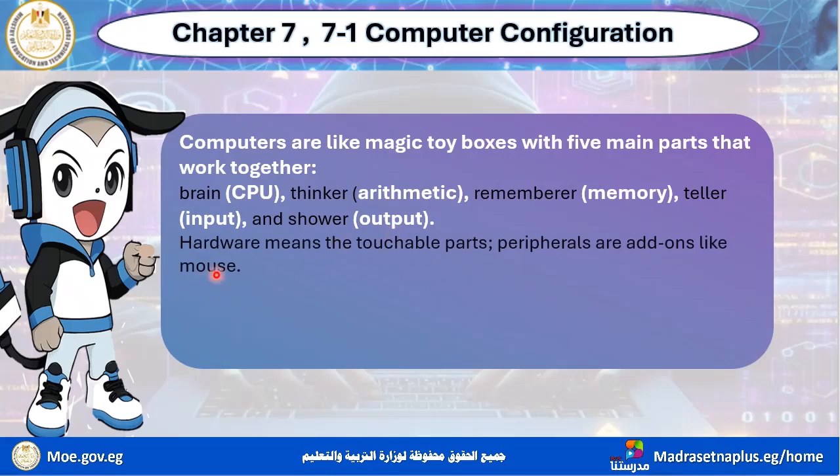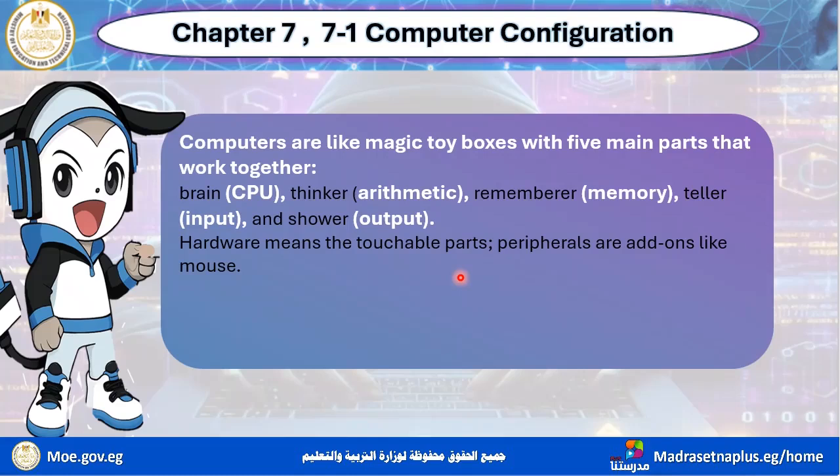Well, the hardware means the touchable parts, okay? Peripherals or add-ons, like the mouse. So your computer consists of 2 major parts at the beginning: the hardware and the software. So the hardware parts are the touchable parts that you can touch with your own hands.